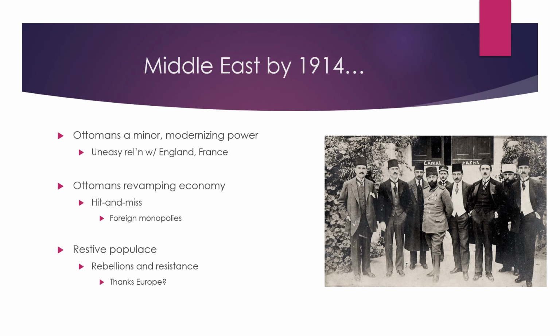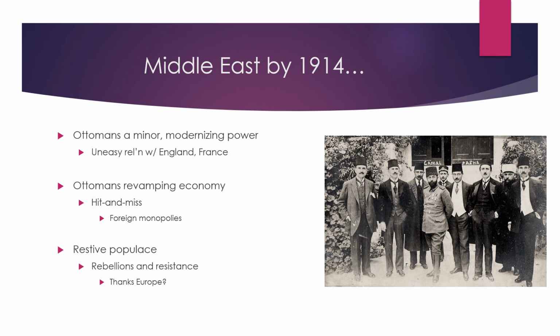And also you have these foreign monopolies that are undercutting any attempt at entrepreneurship or modernizing the economy. And of course, you still have these restless populations who are often falling into rebellion or at the very least some kind of resistance. And so maybe thanks, Europe, for the mess that you're making in our country.